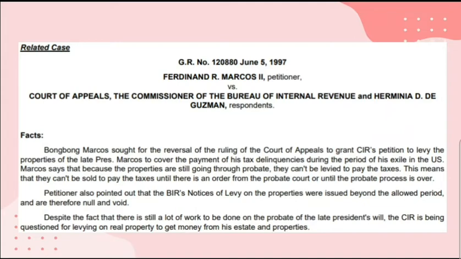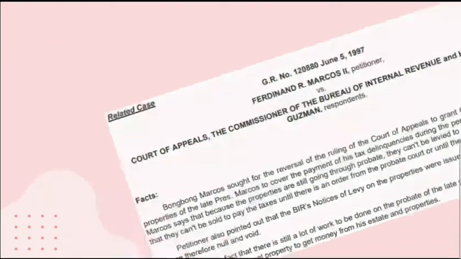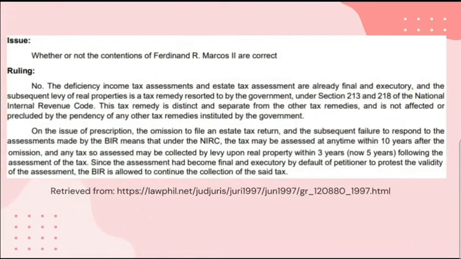The CIR is being questioned for levying on real property to acquire money from the late president's estate and properties, despite the fact that there is still a lot of work to be done on the probate of his will. In this case, the government's deficient income tax assessments and estate tax assessments are already final and unappealable, and the government's subsequent levy of real properties is a tax remedy sanctioned by sections 213 and 218 of the National Internal Revenue Code.